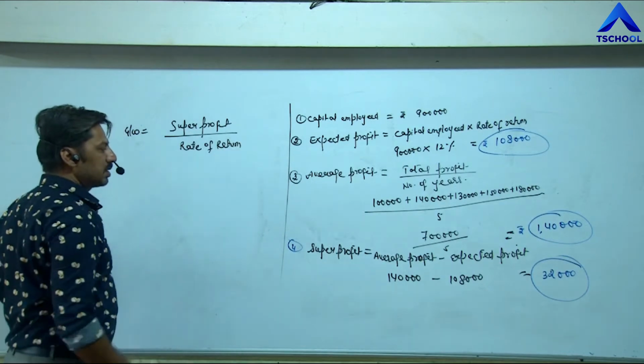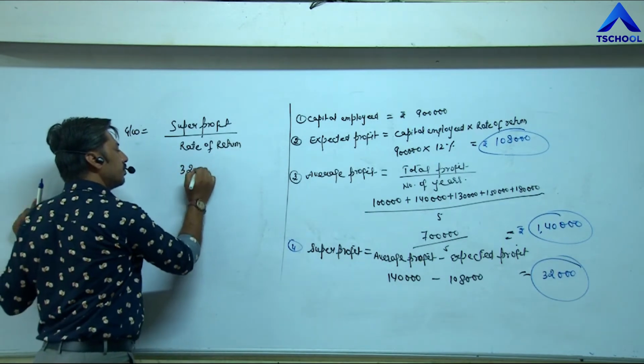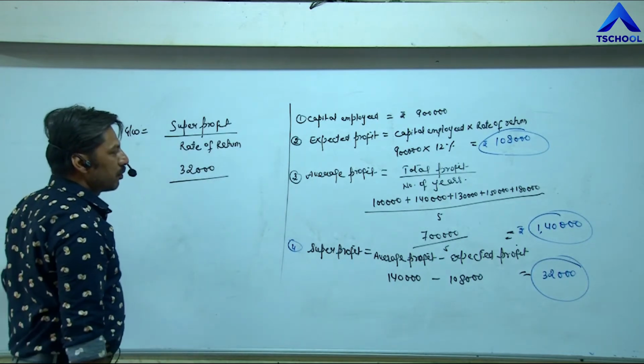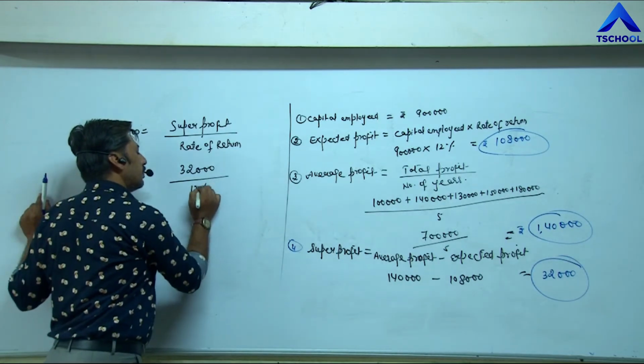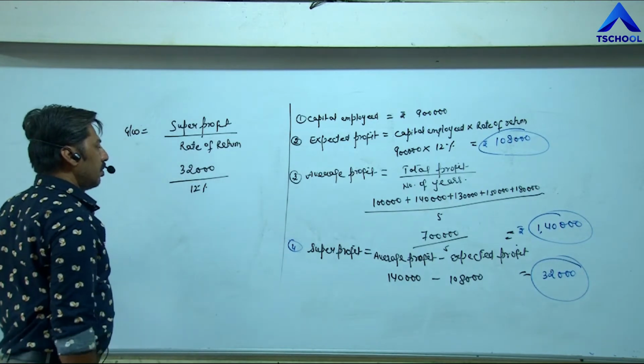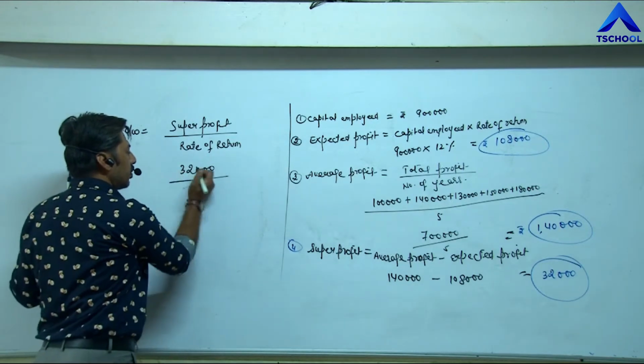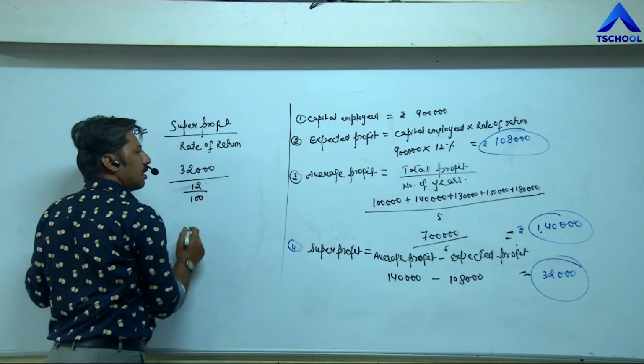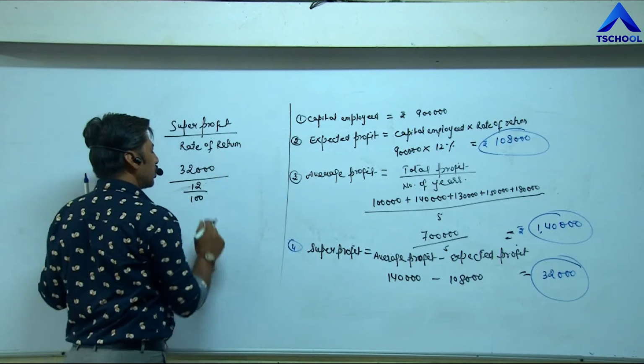Super profit is 32,000 upon rate of return 12%. Or we can write it another way: 32,000 divided by 12 divided by 100, means 100 is multiplied with 32,000.